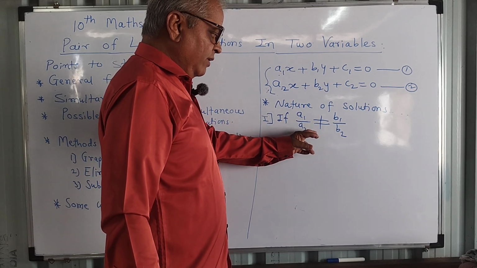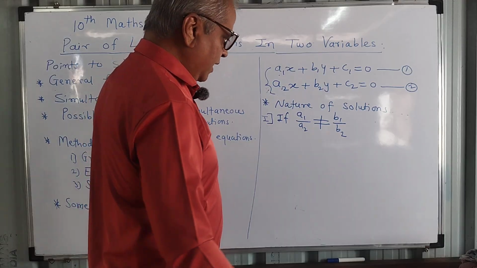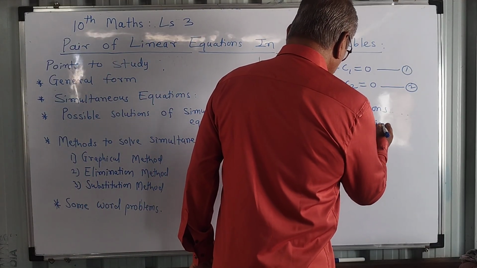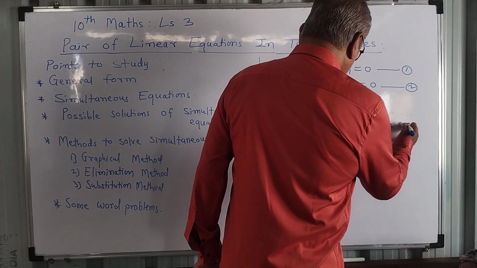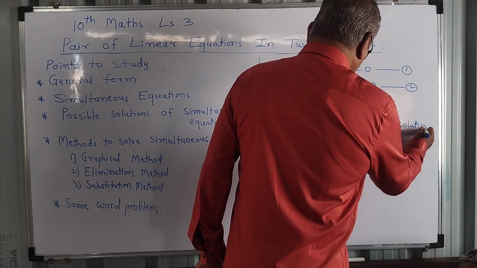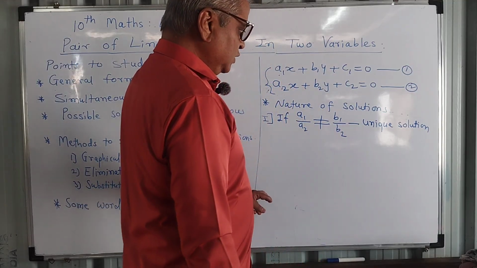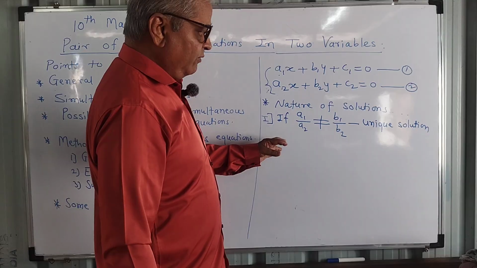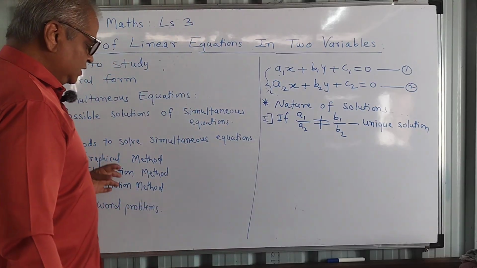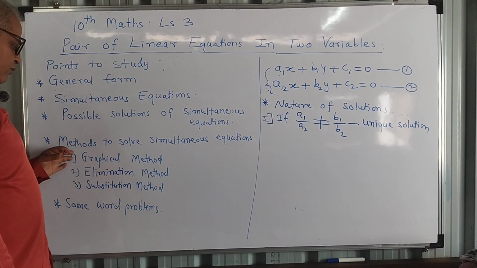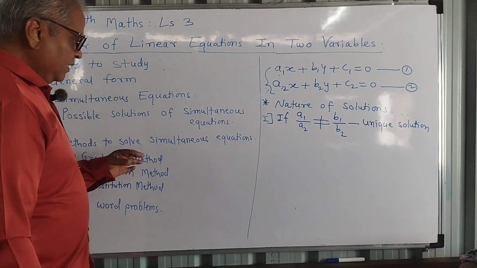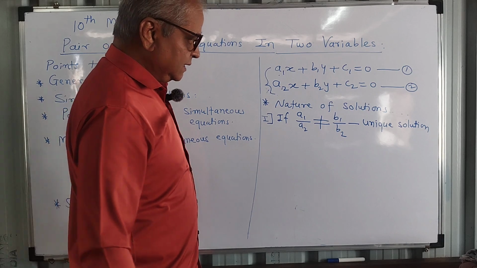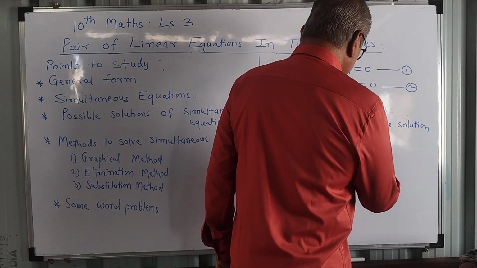If they are not equal, these two ratios are not equal, then these equations have unique solution. Unique solution आहे म्हणजे if you try to plot the graph, we will plot the graph in next point which is graphical method. At that time you will see that the graphs of such equations are intersecting.